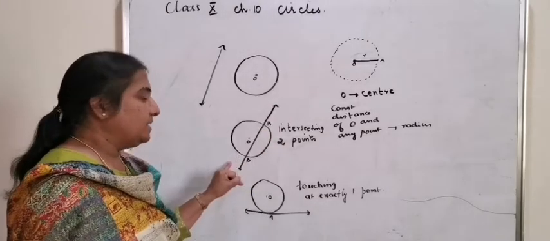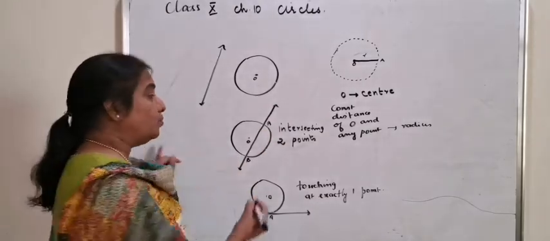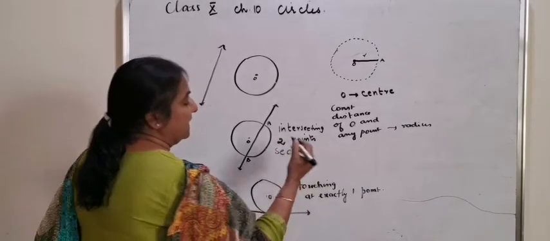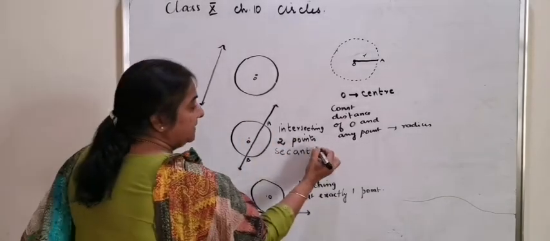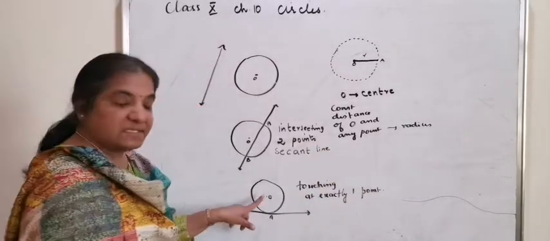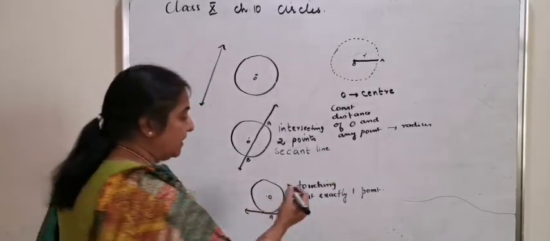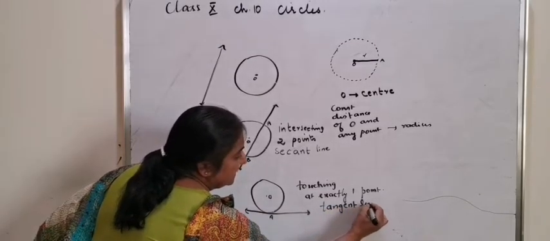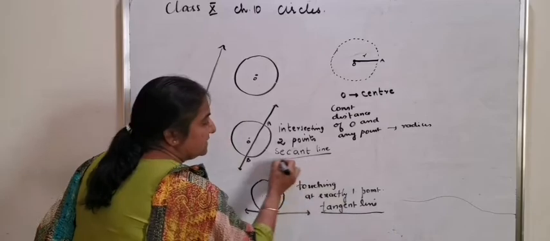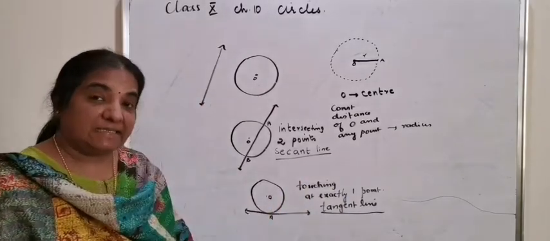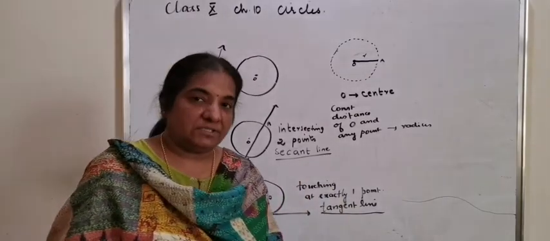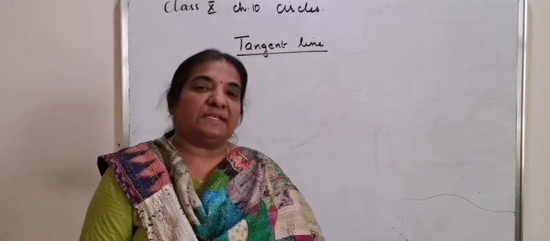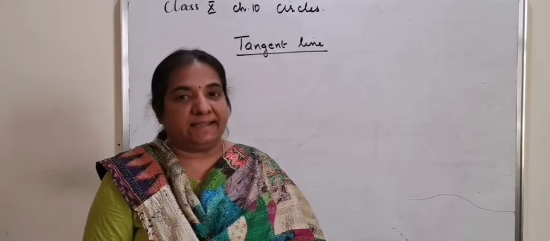A line which intersects a circle at 2 points is called a secant line. A line which touches the circle exactly at 1 point is called a tangent line. So these are the definitions of a secant line and a tangent line. This lesson deals with more properties about a tangent line.